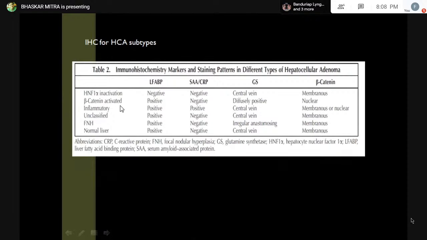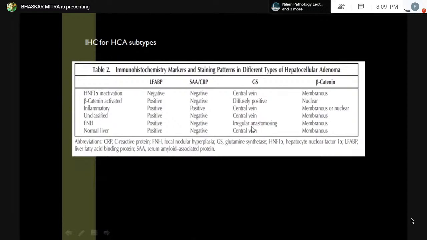The beta-catenin activated one shows strong nuclear expression and diffuse positivity of glutamine synthetase. This is one group. The inflammatory one goes with strong expression of these two proteins. Unclassified ones look different.